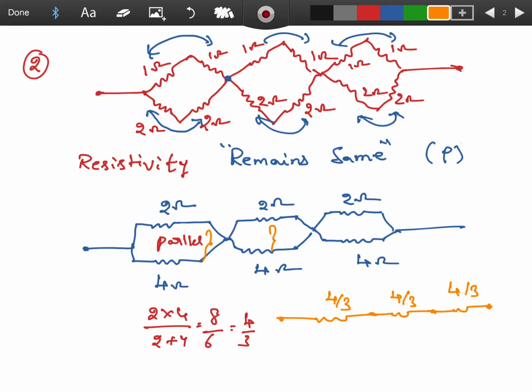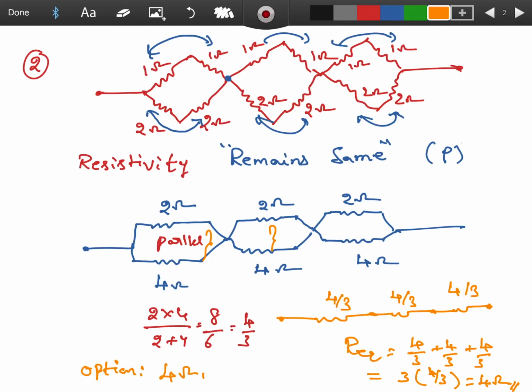These all are in series. Then equivalent will be 4 by 3 plus 4 by 3 plus 4 by 3, which is 3 times 4 by 3, which is 4 ohm. Then your option again, fourth option, 4 ohm and rho, option D. See, in this manner we have to solve the circuits. Simplify.